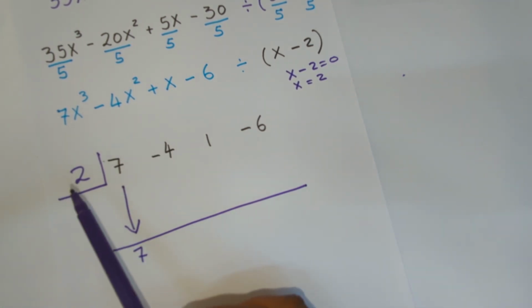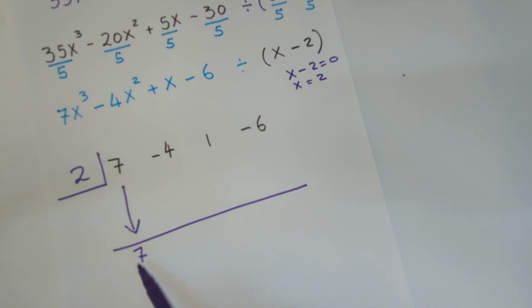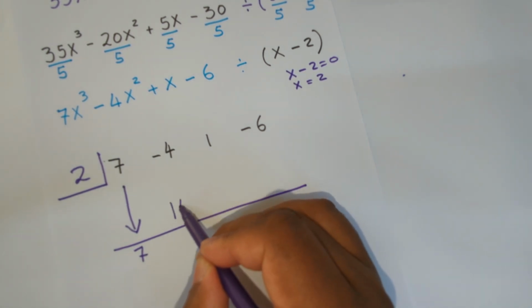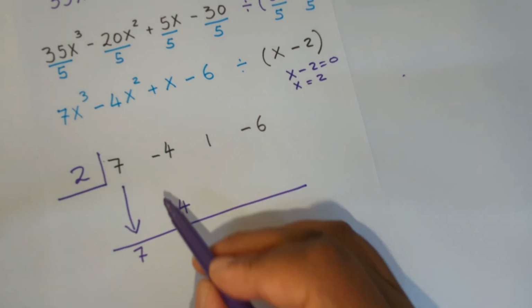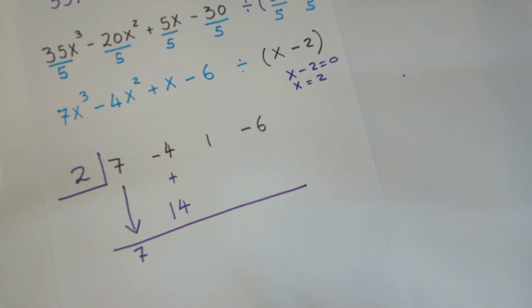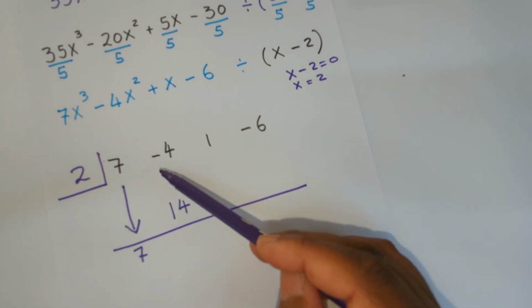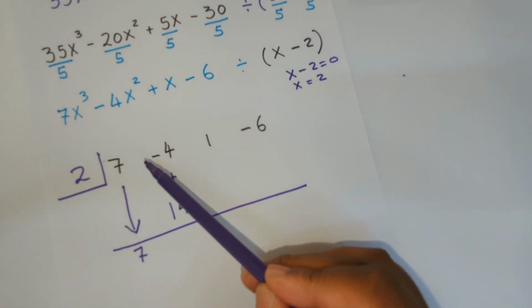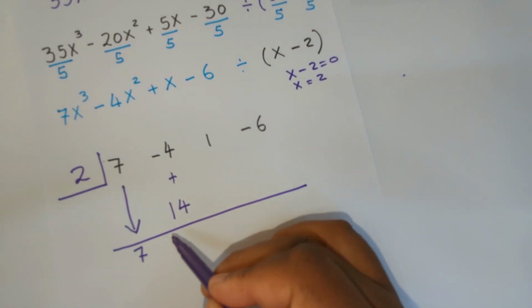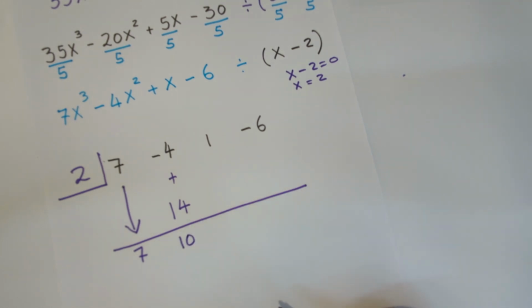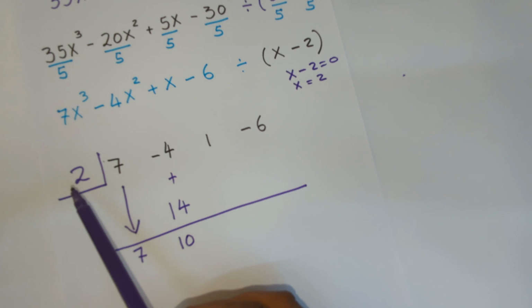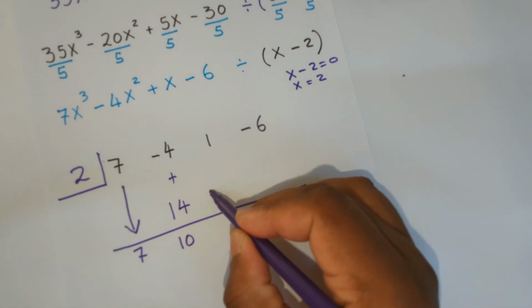Now let's multiply. 2 multiplied by 7, that's 14. So let's write our 14 and we put a plus sign. So 14 is being added to negative 4. So minus 4 plus 14, that will give you a 10. Now let's multiply again. Let's repeat the same process. 2 multiply 10, that's a 20.